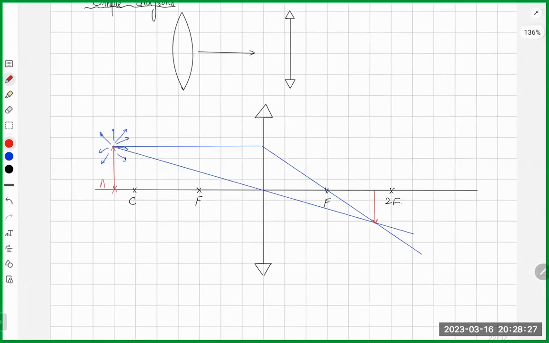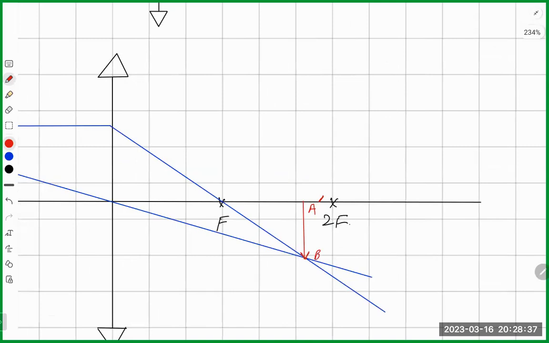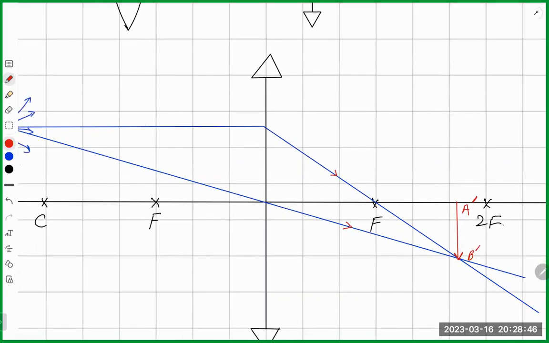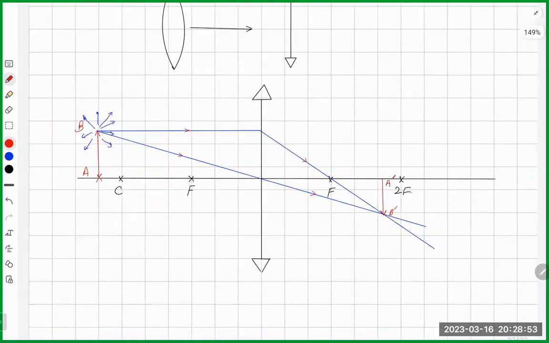This is A point of object, this is A point of image. This is B, so this is B dash. Arrows are very important. So this is how we track down different positions of images.